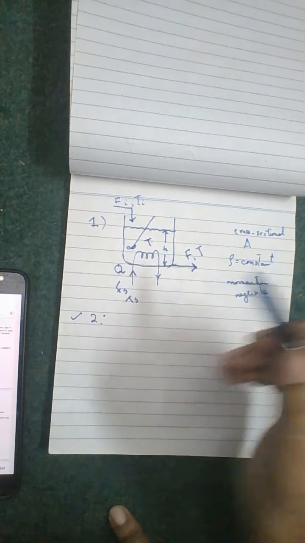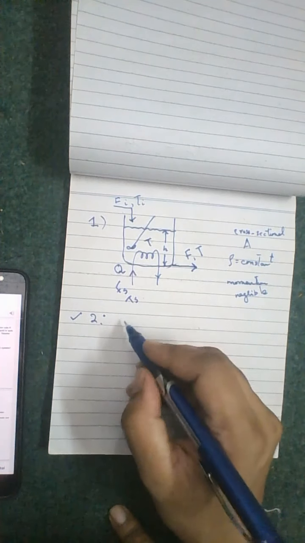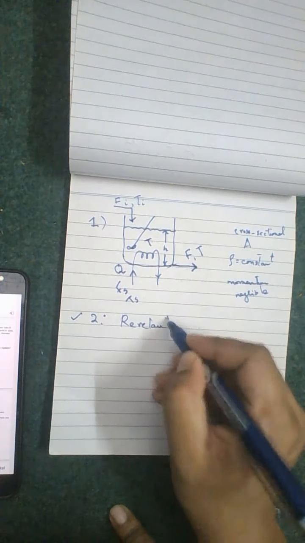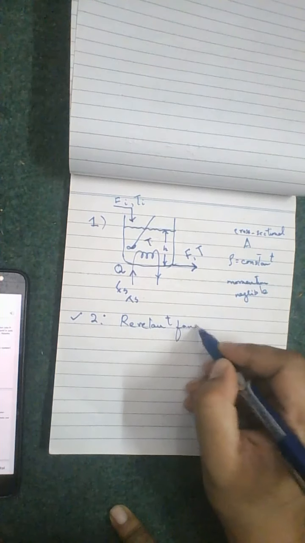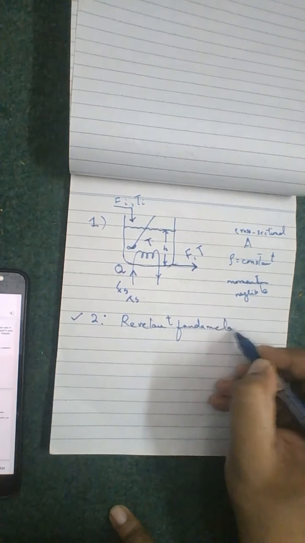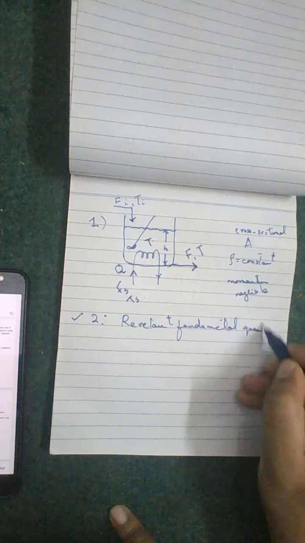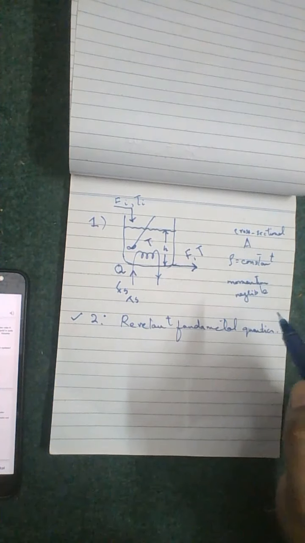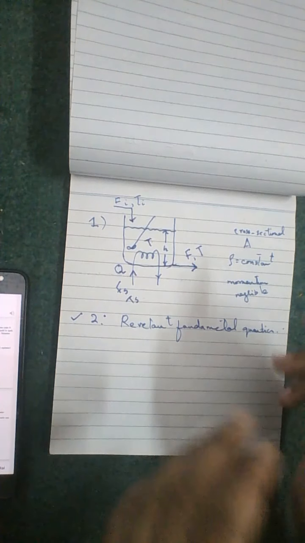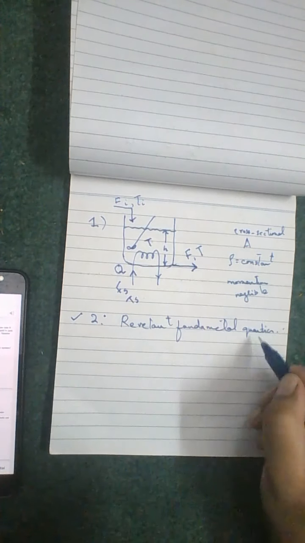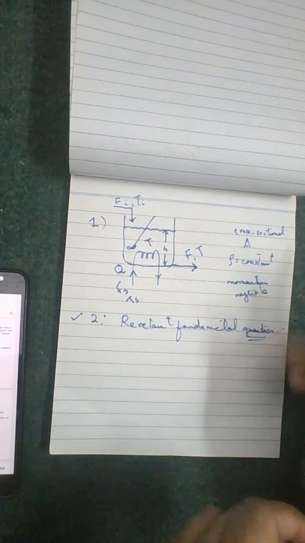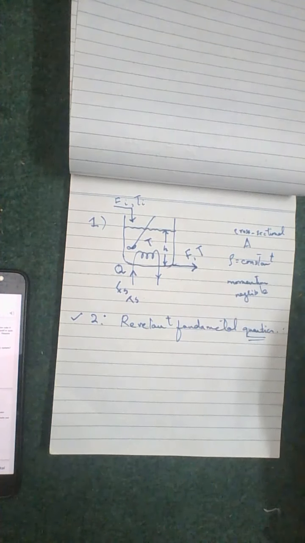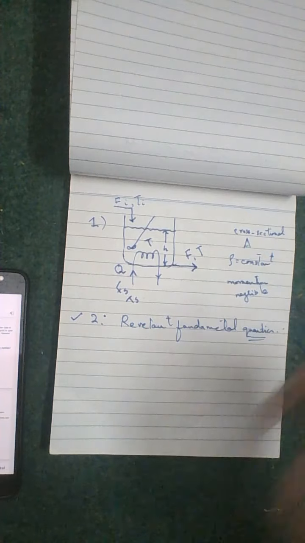Second part. What are the relevant fundamental quantities that are being changed in this system? On the basis of those relevant quantities, what are the relevant balances that will be related to this? Okay.